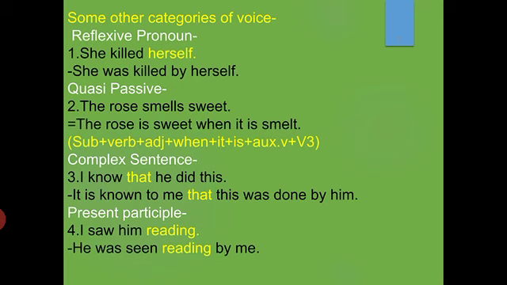But if you notice the sentence, you can see there are no auxiliary verbs, that means am, is, are, was, were. So reading is a present participle. And when we are changing it, the position or the form of the present participle is not changing. And the answer is, he was seen reading by me.